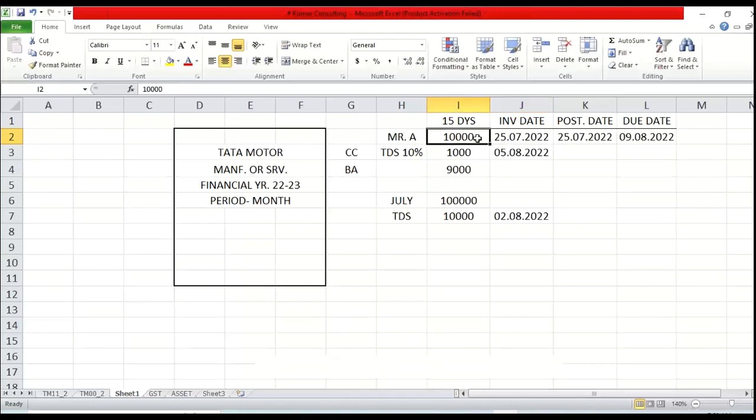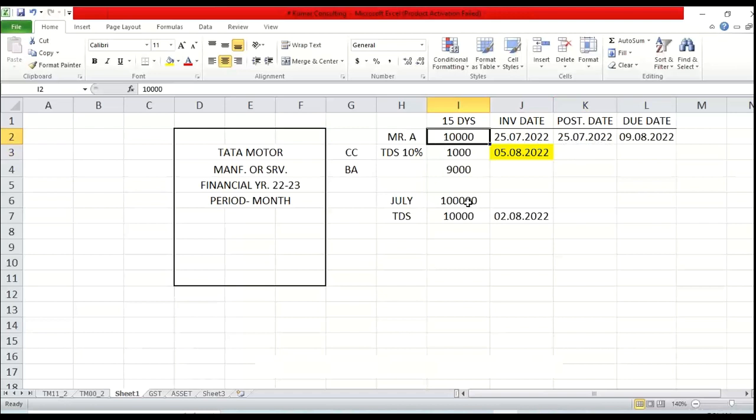But what happened? The actual posting date of this invoice was the 5th, right? On this date he posted this invoice, on the 5th. And while posting the invoice, he gave a posting date of 25th. So even though the actual posting was on the 5th, the posting date he gave was the 25th.